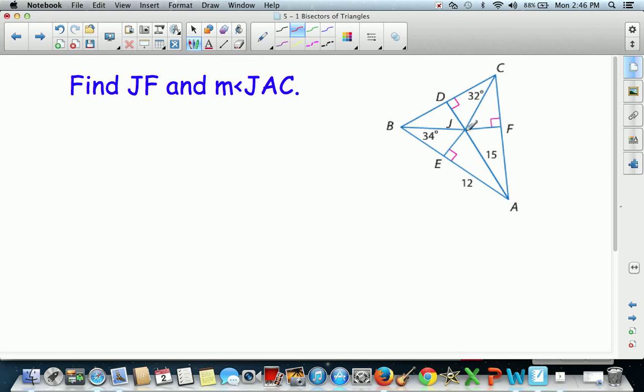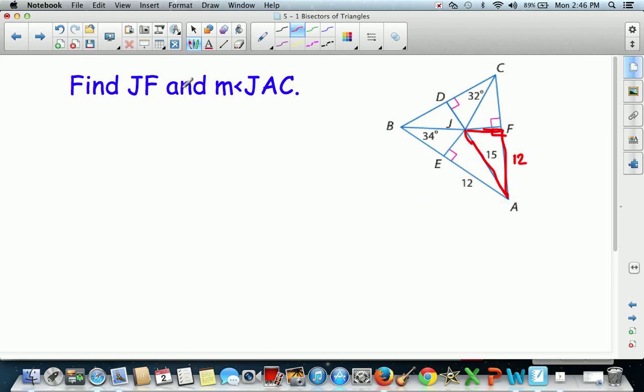JF is right here. We know that JF is part of this right triangle here. Based on our theorems, since EA is 12, we know that FA is 12 as well.